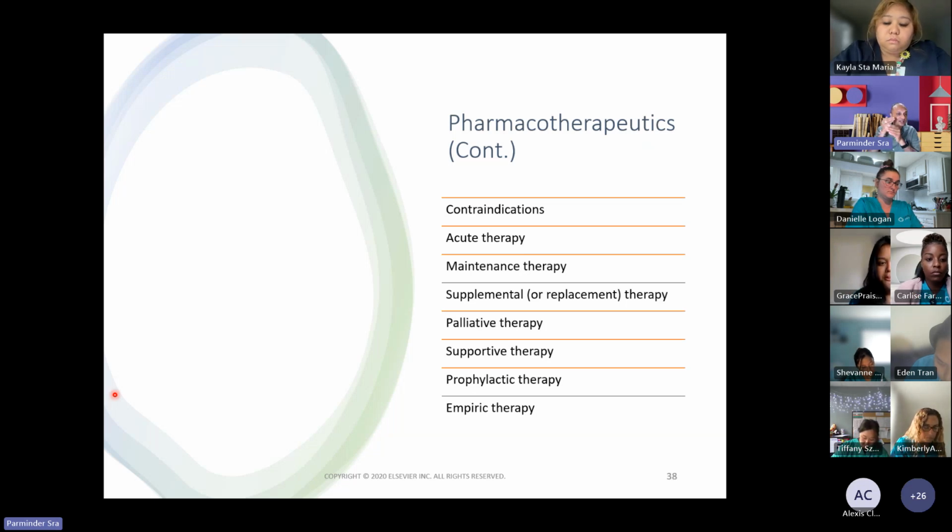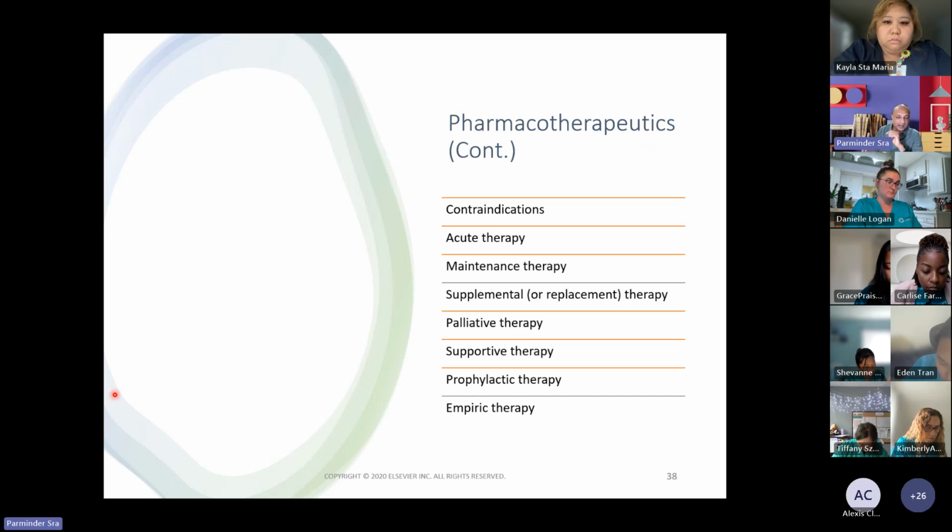Prophylactic is something given ahead of time to prevent something from happening, like anti-malarials. Somebody's traveling to a country with high risk of malaria, and you're giving hydroxychloroquine. That's prophylactic, preventing something from happening.